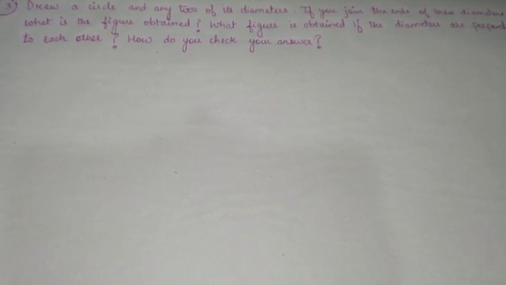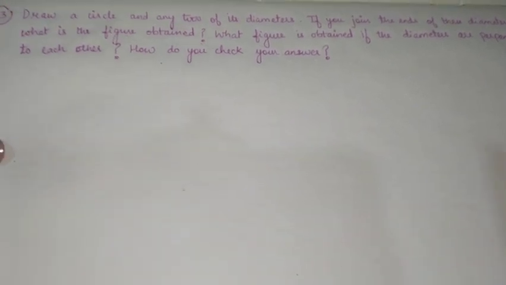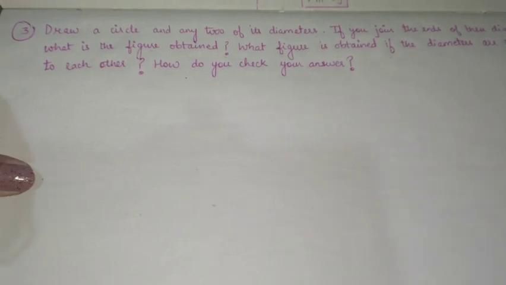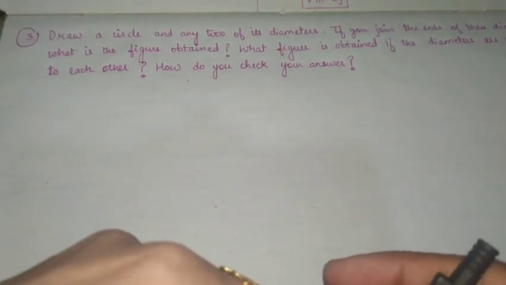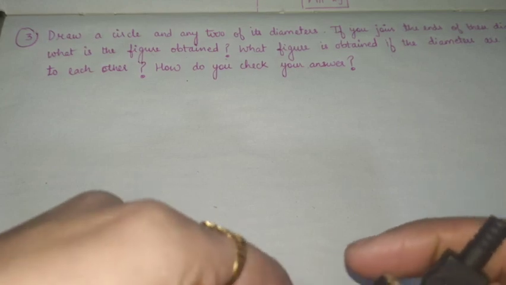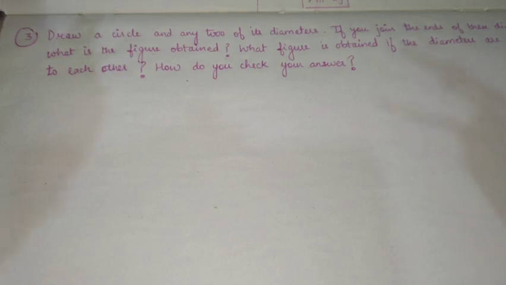And then you are supposed to join their ends like in the case 1, and then you have to tell what figure has been obtained there. Let's see. So here you will be drawing 2 circles, okay, for both the cases, and then we'll see how we'll check our answers, like what figure has been obtained.